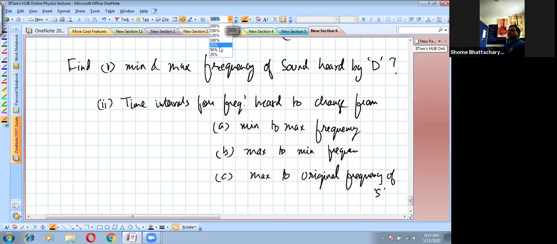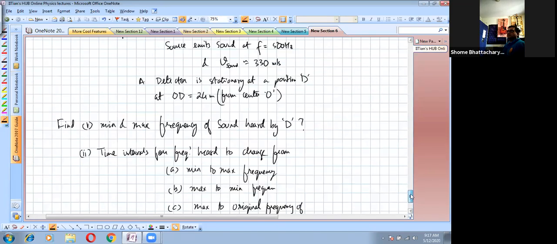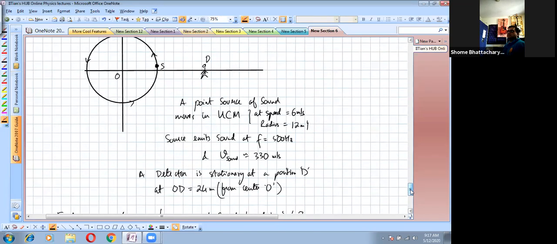Okay, so again a very standard type of question of Doppler's effect. Just work this out.